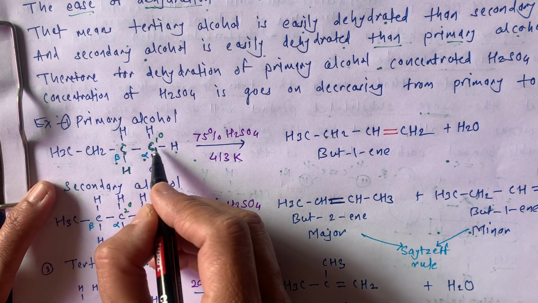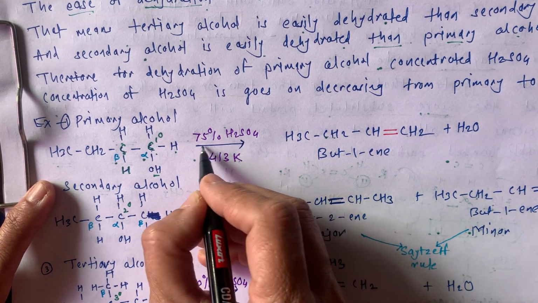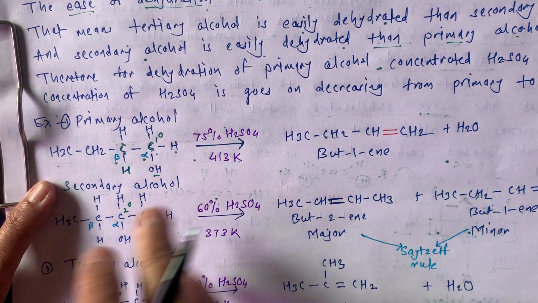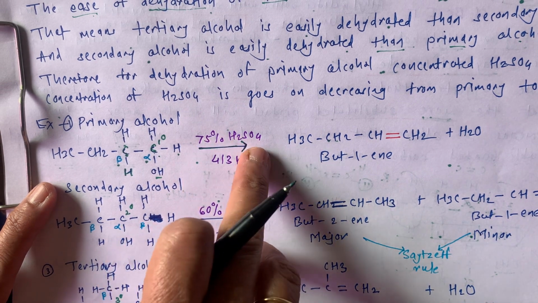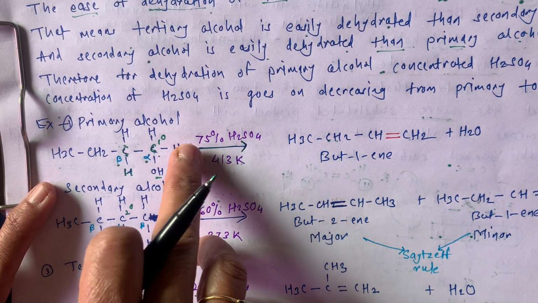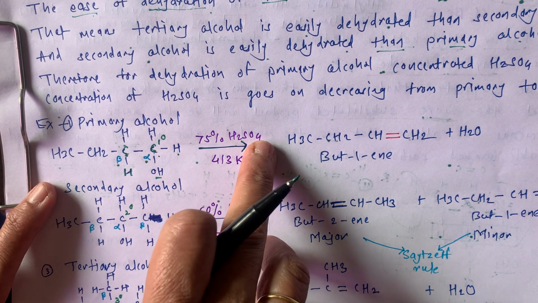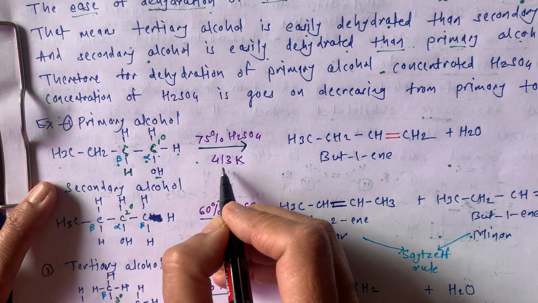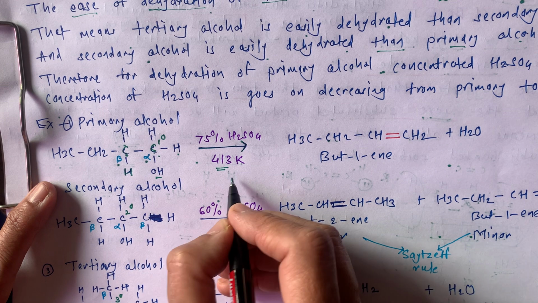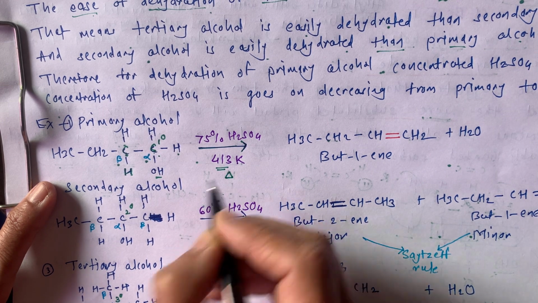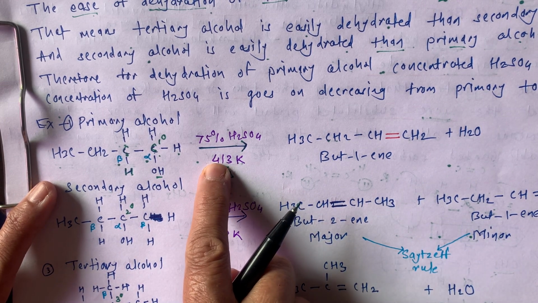Okay, as it is primary, see now what is the reaction condition. 75% H2SO4 we have to use. This is quite concentrated H2SO4. Similarly, the temperature is also very high; the heat, delta, that we are going to provide is very high.